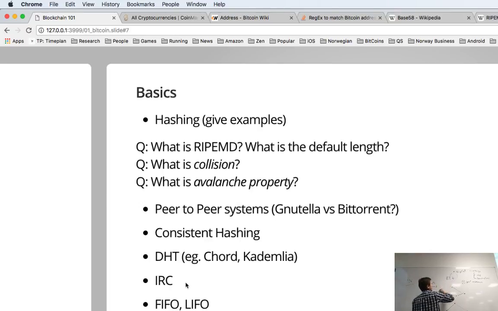But what else can IRC be used for in the context of cryptocurrencies? There are two main points.